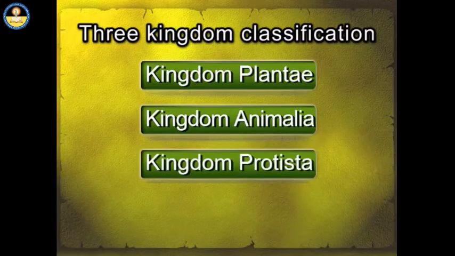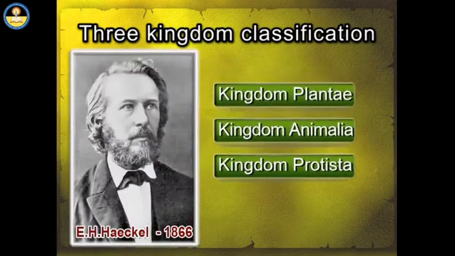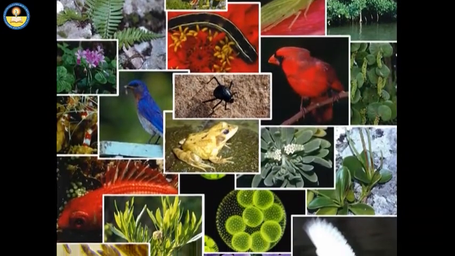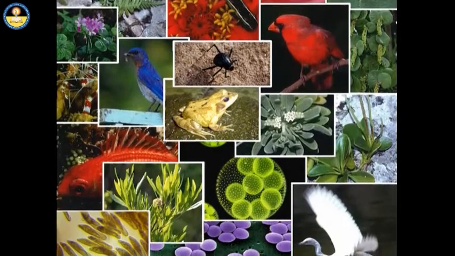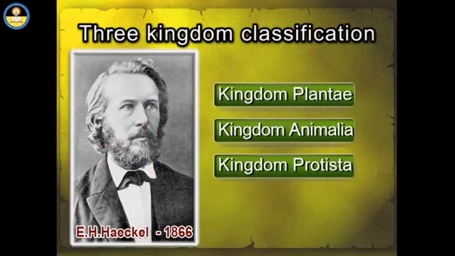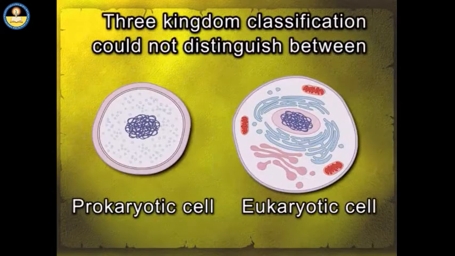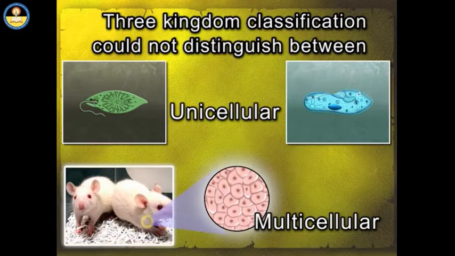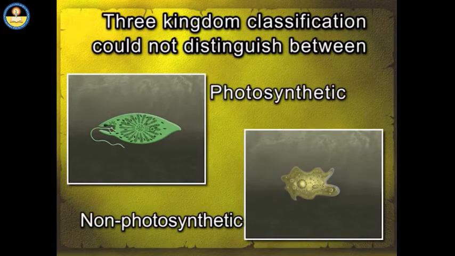A 3rd kingdom, Protista, was proposed by German zoologist E. H. Haeckel in 1866 to account for the microscopic unicellular organisms. Biological classification is the method of putting organisms into different groups. But this was not successful, as it could not distinguish between eukaryotes and prokaryotes, unicellular and multicellular, and photosynthetic and non-photosynthetic organisms.